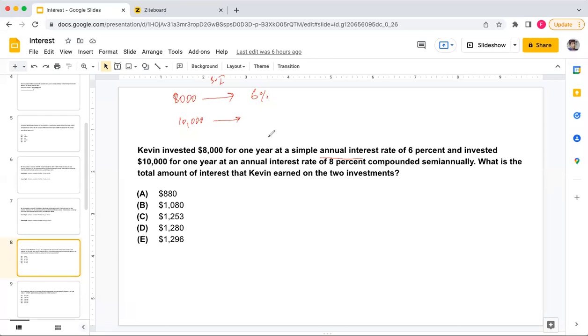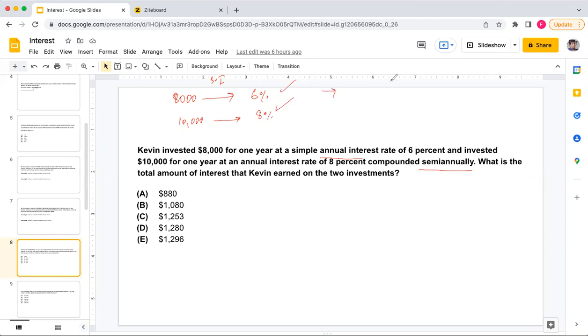This is not compounded yearly, this is compounded semi-annually. What is the total amount of interest? Let's see what the interest came out to be based on both of these.